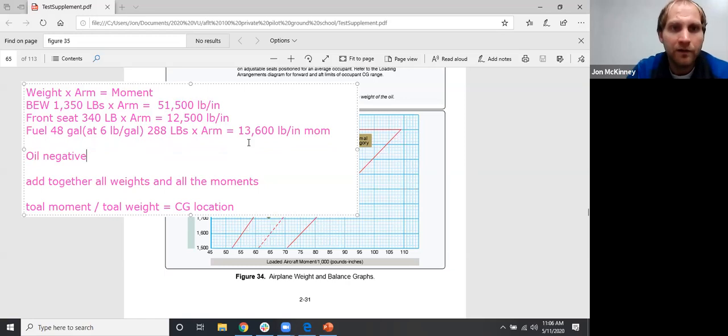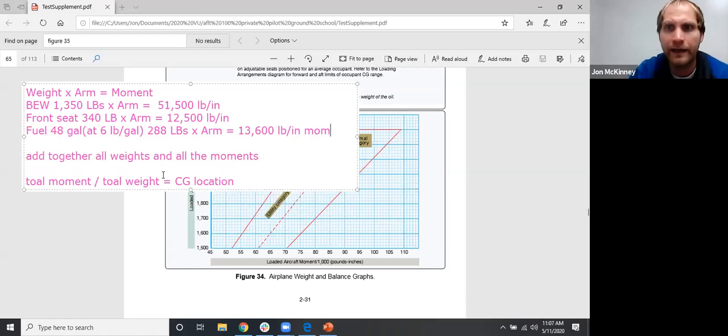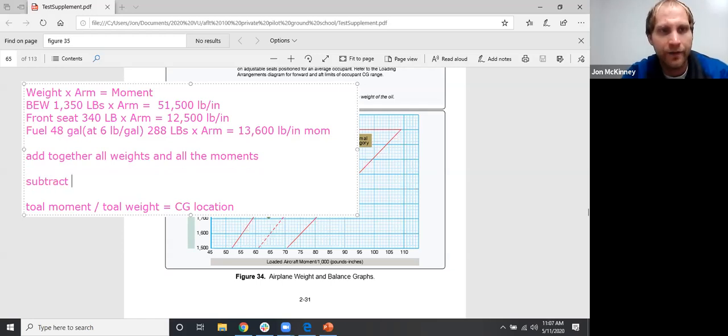So we're going to follow our directions like we said down here, which is add together all the weights and all the moments. We need to do that first because of order of operations: we take care of additions before we take care of subtractions. So after we add together all the weights and all the moments, then we will subtract the oil. Okay, cool. So now that we're all on the same page, let us do some math.